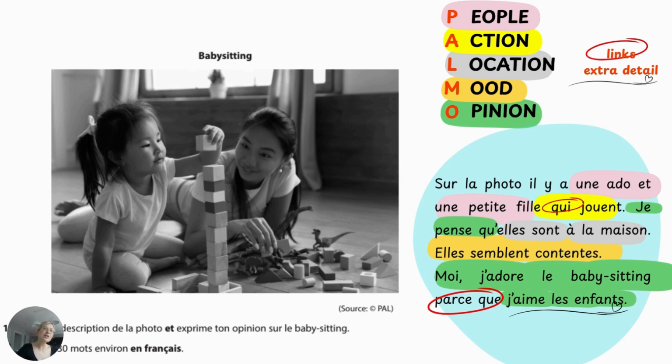I've added an ES on the end of content because, again, we need to make the adjective agree to the fact that there are multiple people, plural, but that they are also girls. And then we're going to add our opinion. So it says we have to exprime ton opinion sur le babysitting in the question, which means express your opinion on babysitting. Keep it really, really simple, guys.